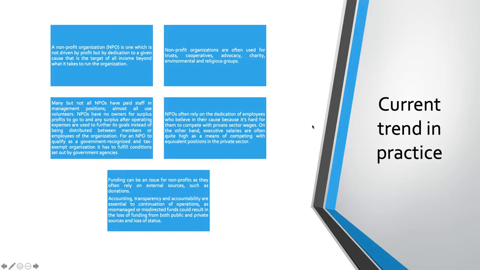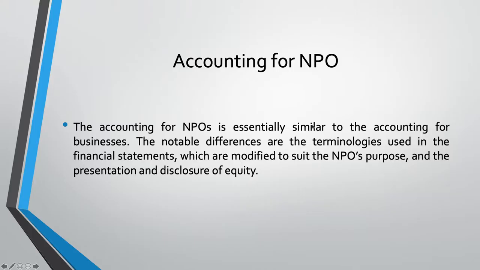So, for nonprofit accounting, or the accounting for NPOs, it's essentially similar to the accounting for businesses. The notable differences, though, are the terminologies used in the financial statements, which are modified to suit the NPO's purpose, and the presentation and disclosure of equity.